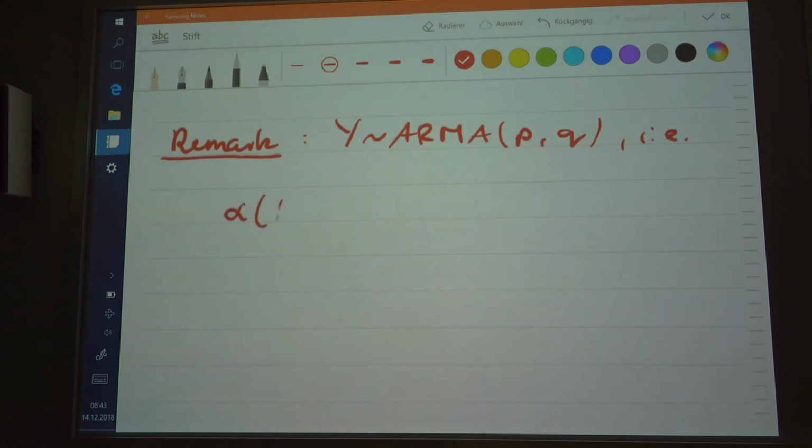We have the lag polynomial, which I call alpha here this time, and not capital A. So alpha times y_t is the lag polynomial representing the autoregressive part of the process y. And of course, here you have the constant plus b, which is the lag polynomial for the noises.